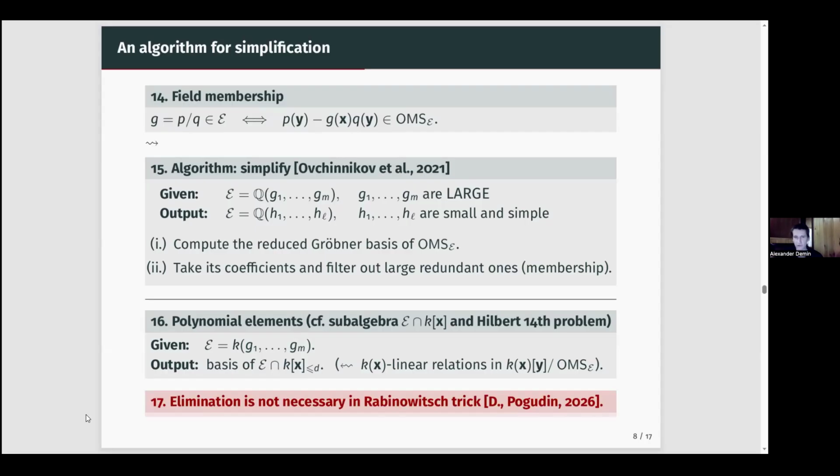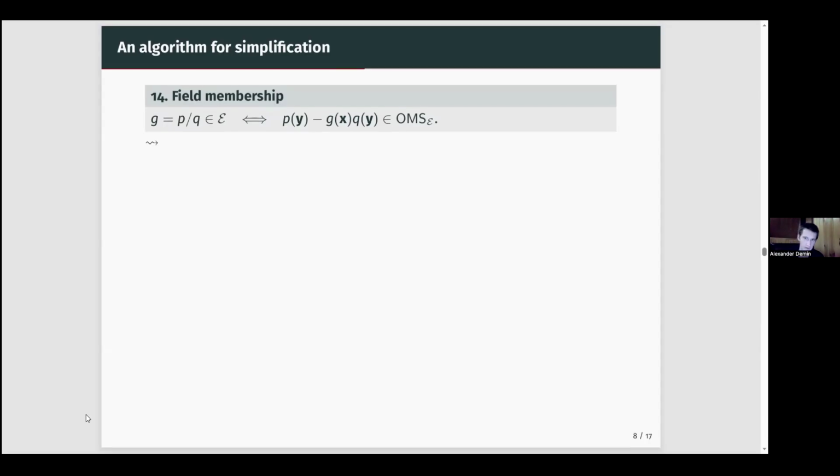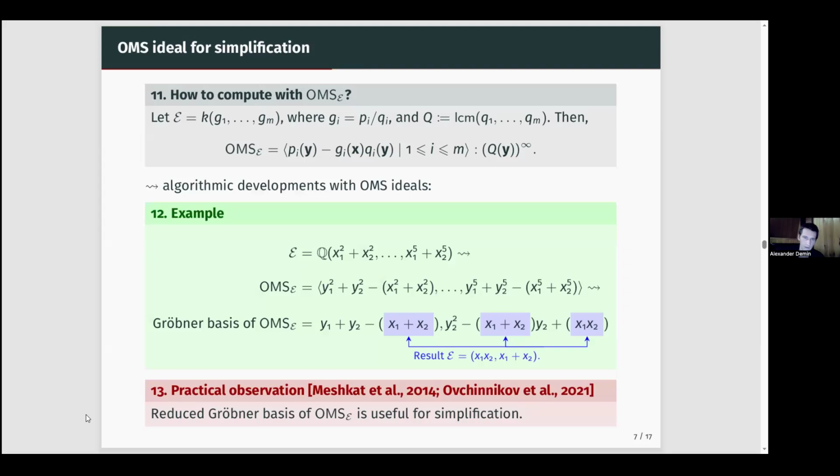One small, interesting result that we have in the paper with Gleb is that it is actually not necessary to use elimination orderings when using the Rabinovich trick when computing with OMS ideals. Usually, if you recall, let me go back a bit. In this definition, we have saturation by some polynomial q of y.